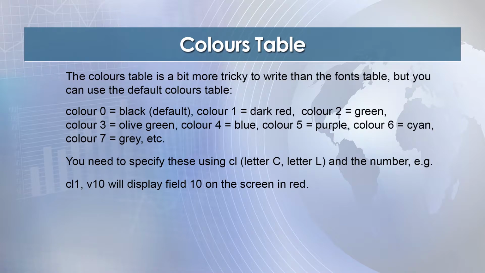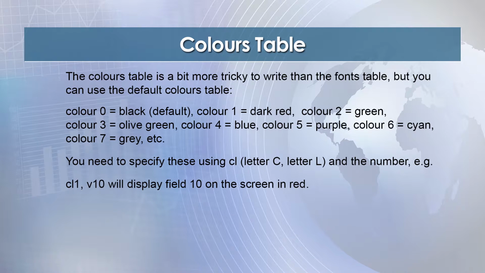Now, similarly we have a color table also. The command is basically CLn, where n is any integer, the value may range from 1 to 20, and here you see color 0 is black, the default color, color 1 dark red, and in this way you can go up to color 20, and with the increasing value we are moving from dark colors to light colors.